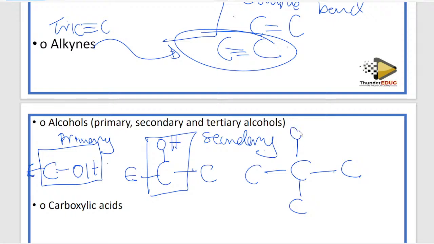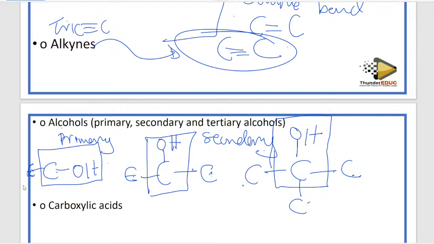So meaning that the OH is attached to this group, which has 1, 2, 3, so 3 levels. This one, secondary, the second level, 1, 2. And primary only has 1 level.